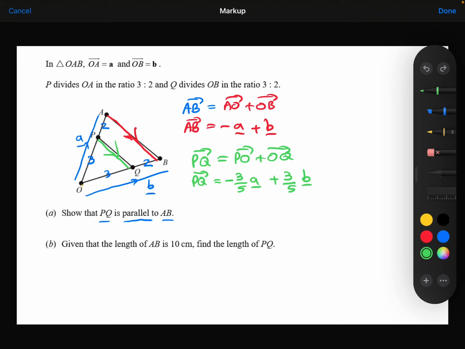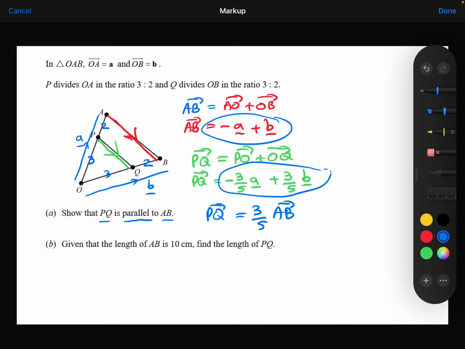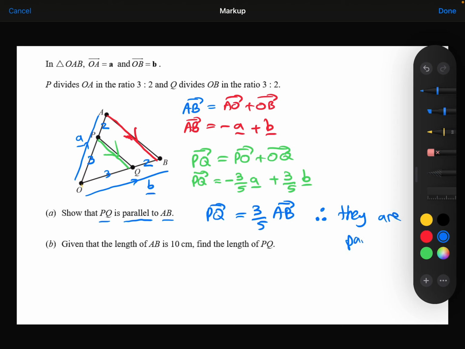I can say that PQ is equal to 3/5 of A to B. This is 3/5 of this. Therefore, they are parallel. And that's part A of the question done.